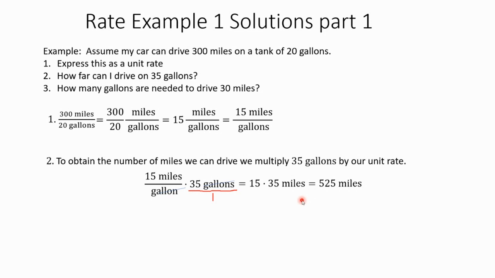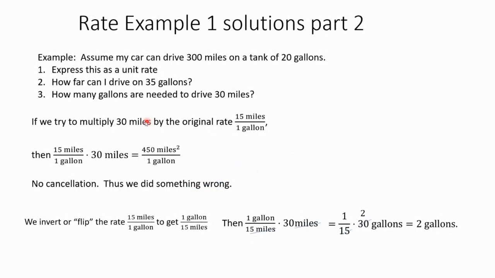Okay, for number 3, it's a little bit different. Because here, we want to know how many gallons we need to drive 30 miles. So instead of having 35 gallons, we have 30 miles, so to say. And we want to know how many gallons of gasoline are needed for us to drive 30 miles.